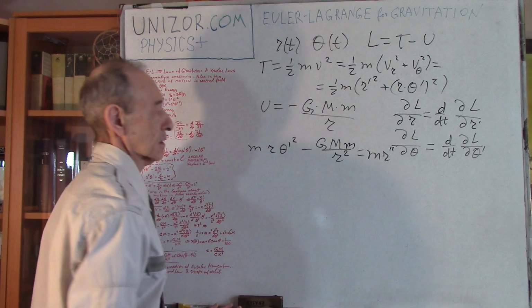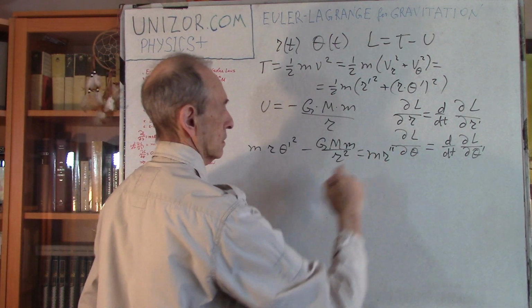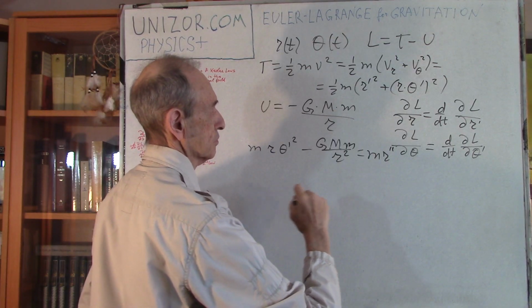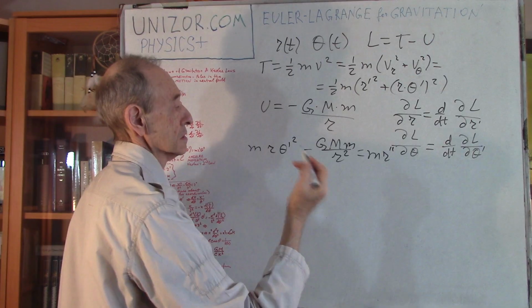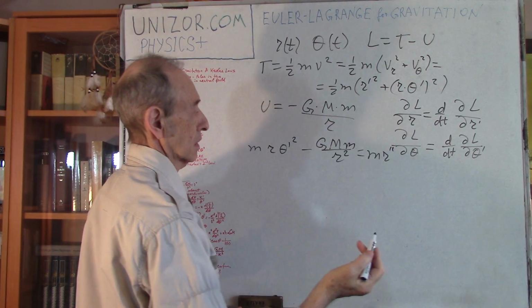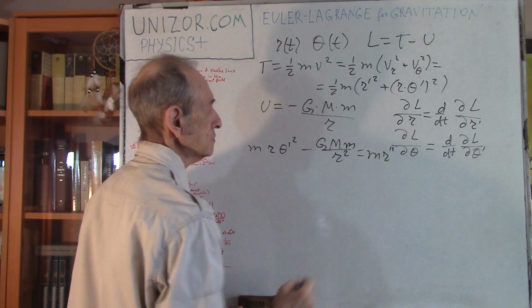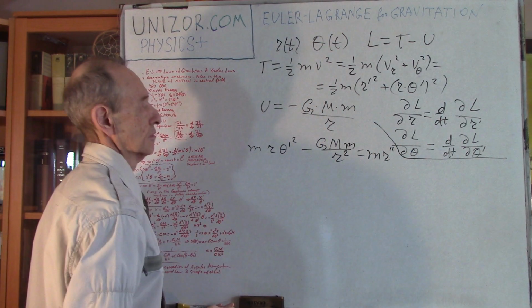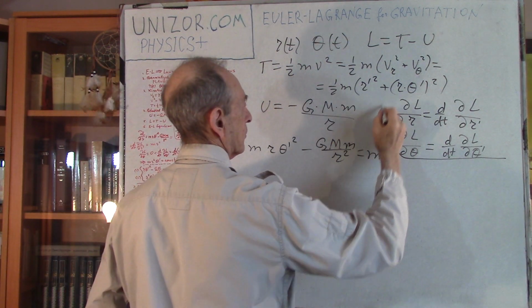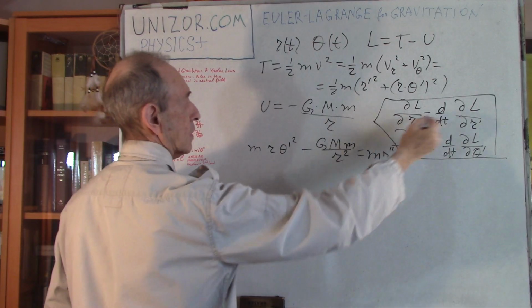Another derivative by time: the derivative of r prime is r double prime, so that's the second derivative of r by time. Okay, let me just separate this. So this is my first equation.